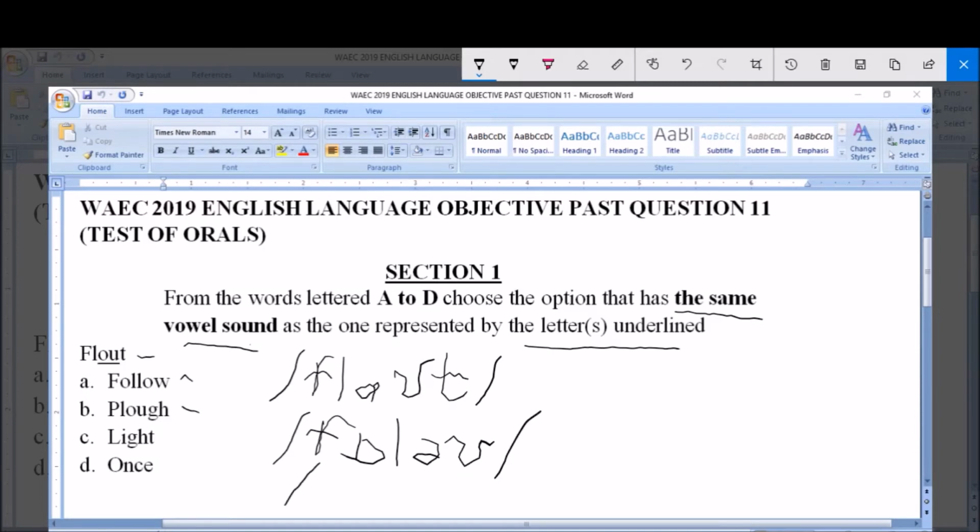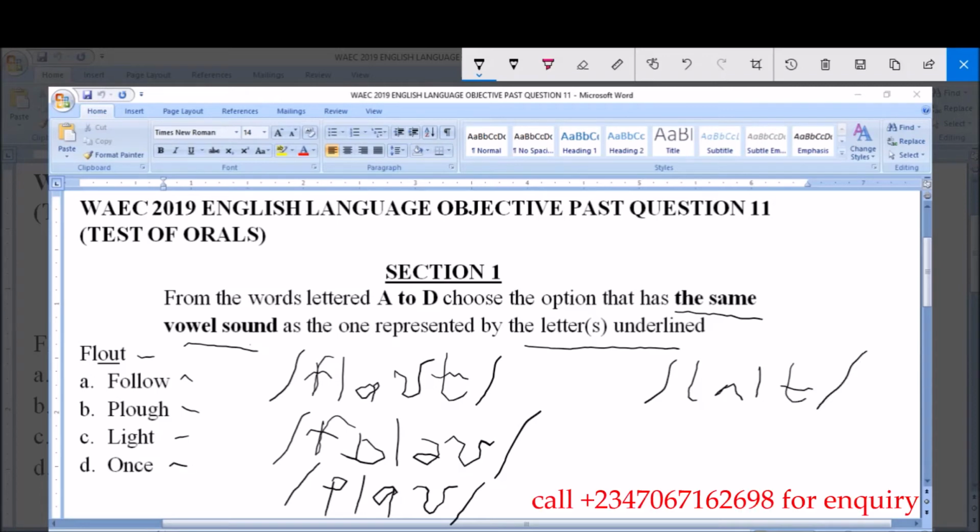Option B is plow, transcribed this way. Plow. Option C is light, transcribed this way. Light. Option D is once, transcribed this way.